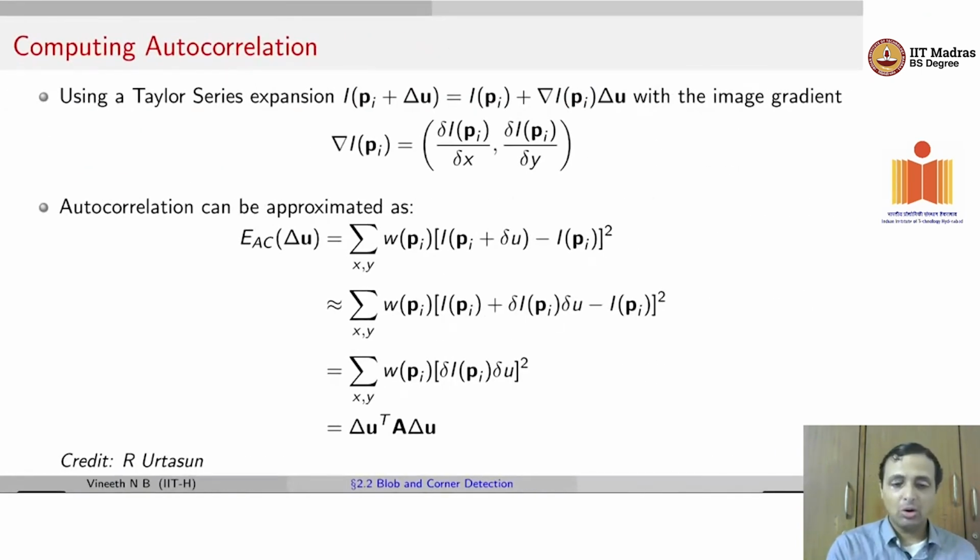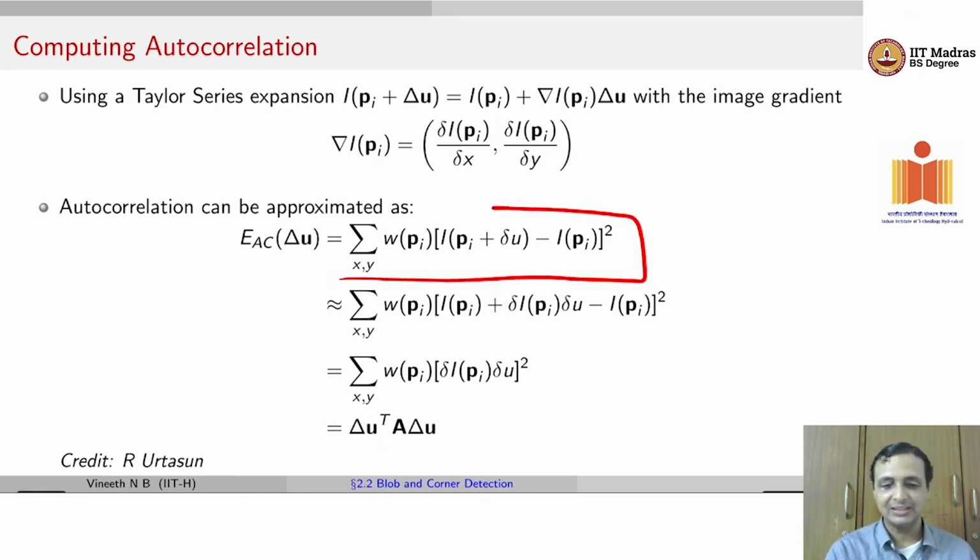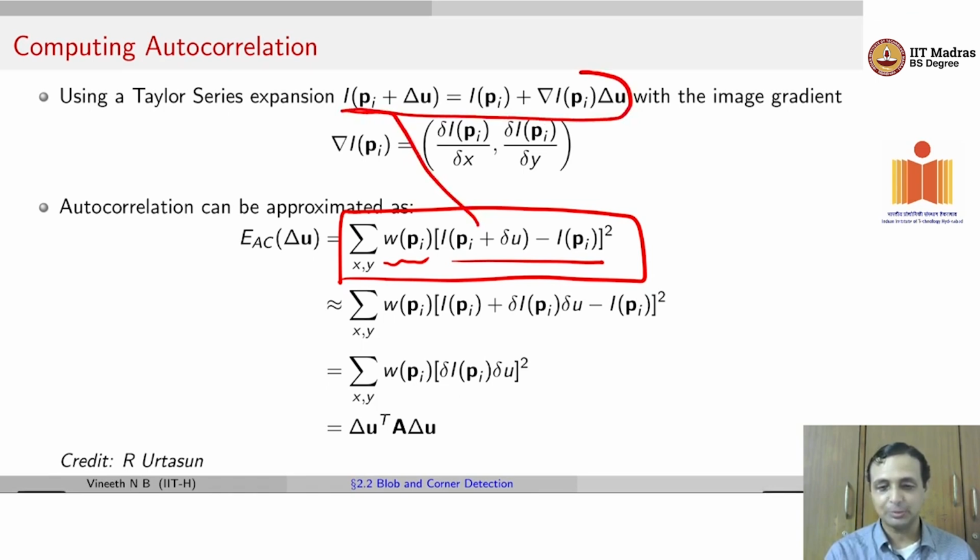Now let's write out autocorrelation. Remember, the definition of autocorrelation that we wrote on the previous slide is this one, where we said autocorrelation is the sum of W of pi times I of pi plus delta u minus I of pi, squared. Now we're going to replace I of pi plus delta u with this Taylor series expansion. So plugging that in here, you're going to have W of pi.